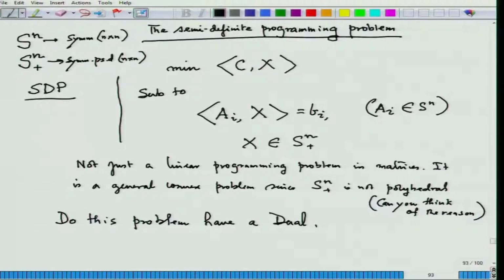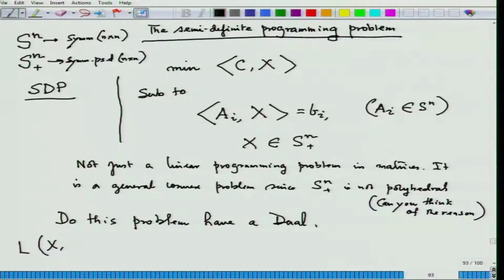I can imitate what I have done for the other case and write the following. I can now construct a Lagrangian. So, how do I construct a Lagrangian associated with the SDP problem? Here I cannot explicitly write down these constraints in the form of inequalities.